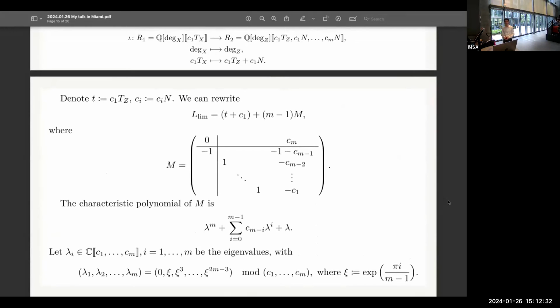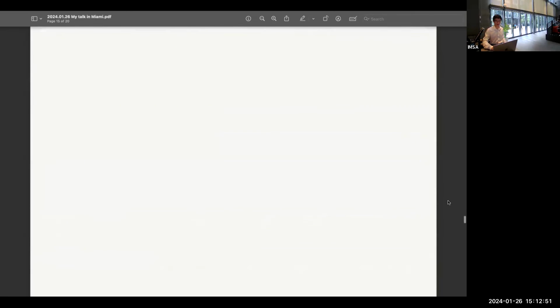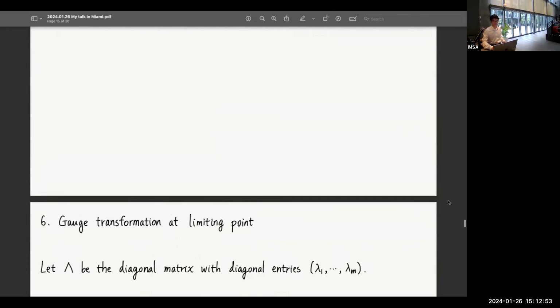Okay. Yes, so this is what we get for the quantum operator at this limiting point. And next, let's also consider the other operators, because we have quantum operator K and we also have gradient operator G and the other quantum multiplications by the cohomology classes. So let's consider gauge transformation at the limiting point.